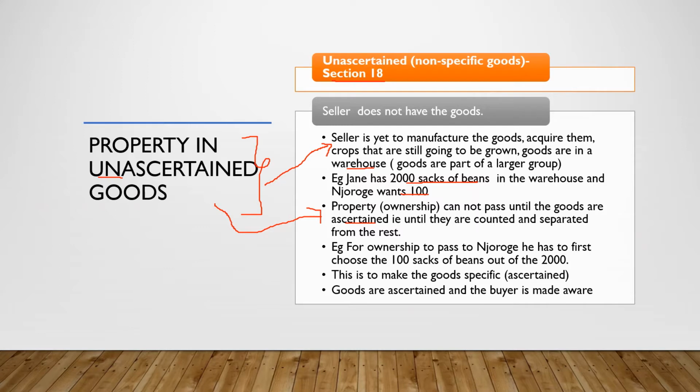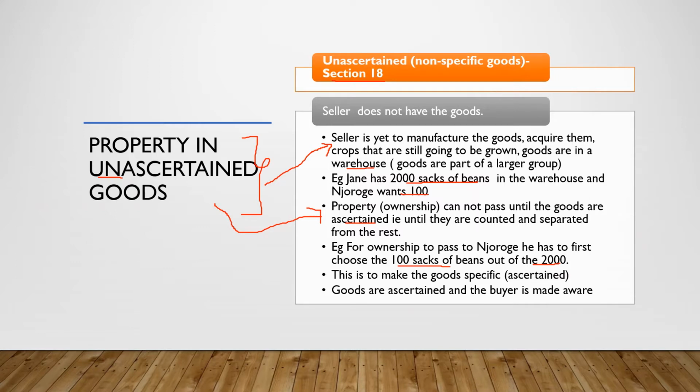Using this example again, for ownership to pass to Njoroge, he has to first choose the 100 sacks of beans out of the 2,000. If you have 2,000 sacks of beans in a warehouse, property will not pass to Njoroge until he goes and selects the 100 out of the 2,000, meaning that now Njoroge specifically knows that these 100 sacks of beans belong to him.